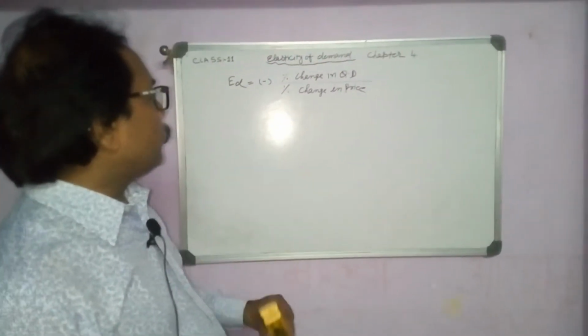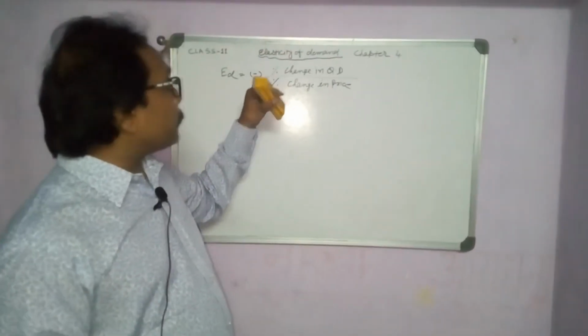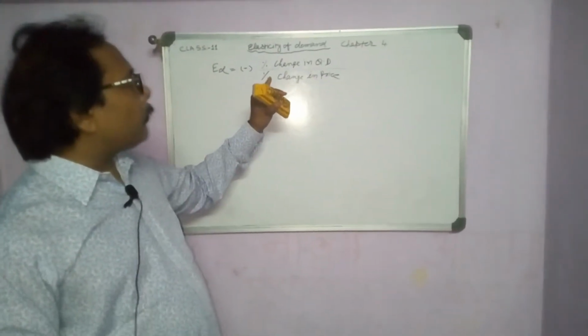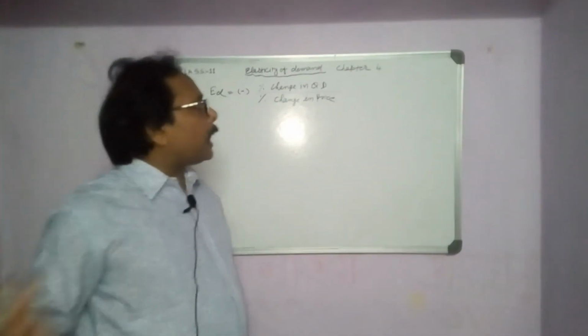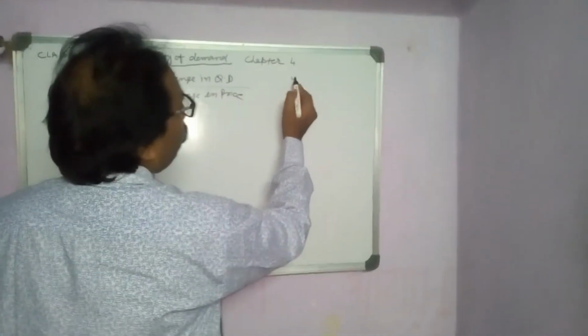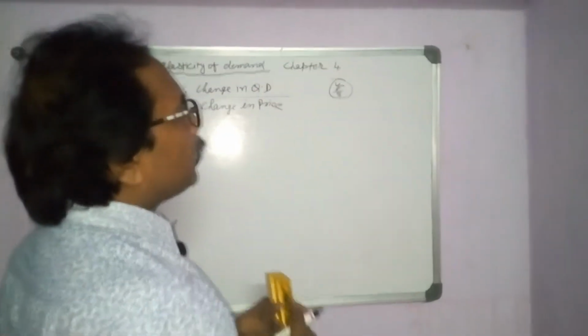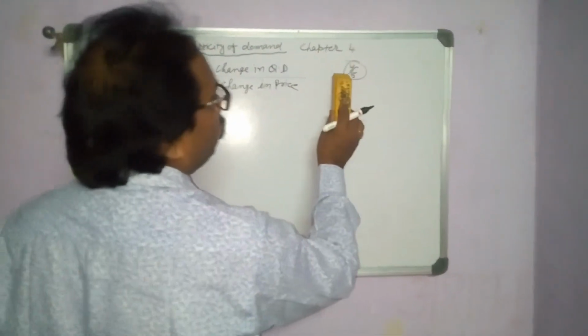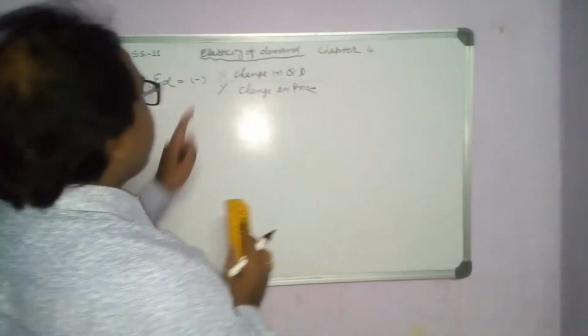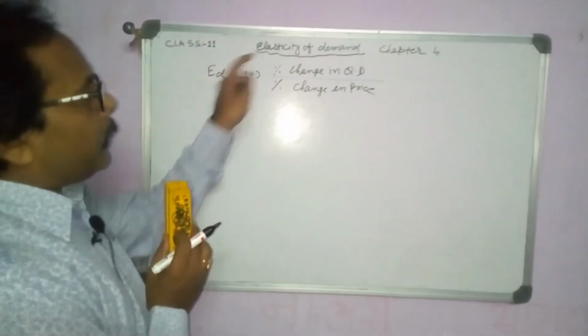Okay? Now on that basis, the simple definition will be this. In mathematics we know 4 by 5 is known as a ratio. Is it clear? Like that, here it is in the form of a ratio.